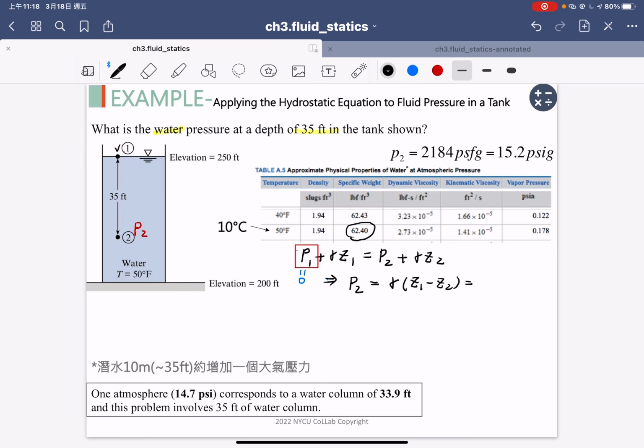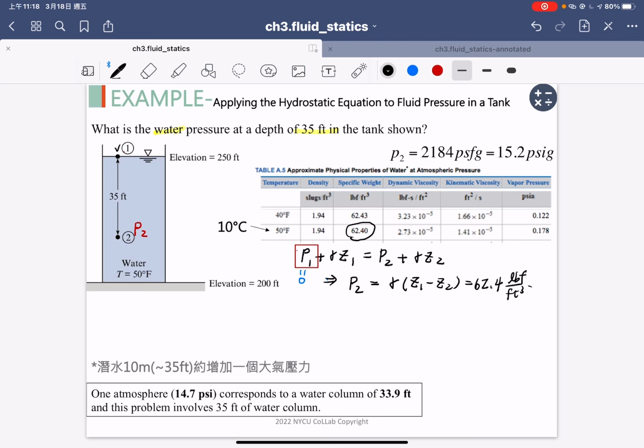This is the gamma of water, but in English units, so gamma water is equal to 62.4 pound force per cubic foot.